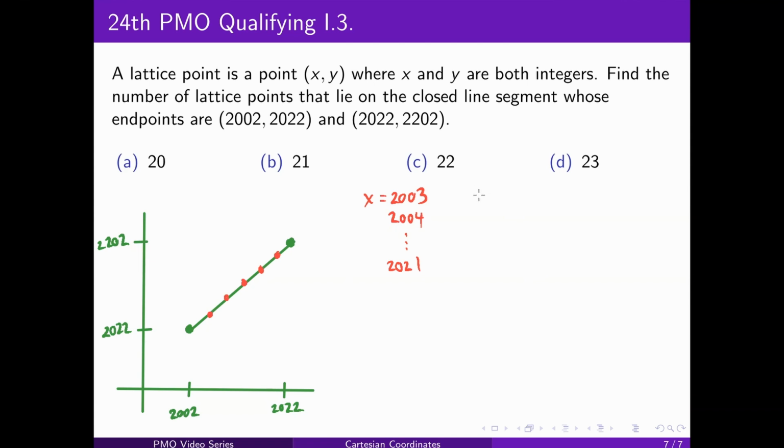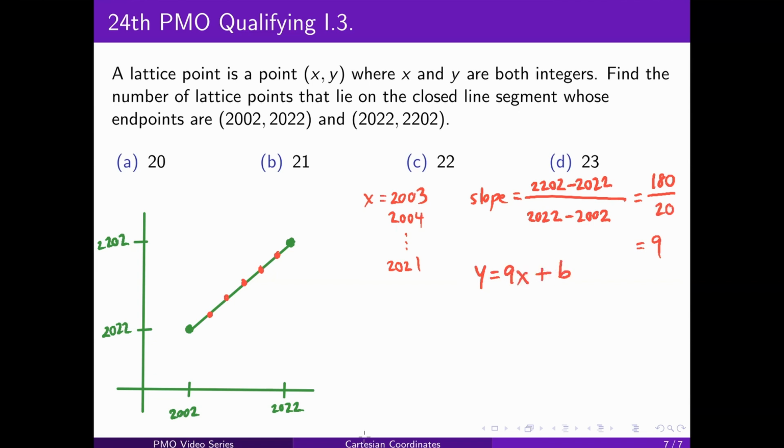And remember, to get the equation of the line, we first compute the slope. So the slope is the difference in the y coordinate, the rise, divided by the difference in the x coordinate, which is the run. And this turns out to be 180 divided by 20, or 9. So the slope is 9, which means the equation of the line is y equals 9x plus some constant b. And we can compute for b by substituting one of the 2 points.